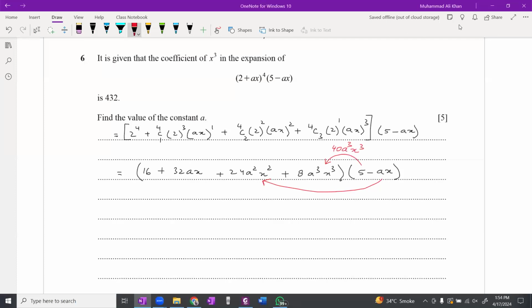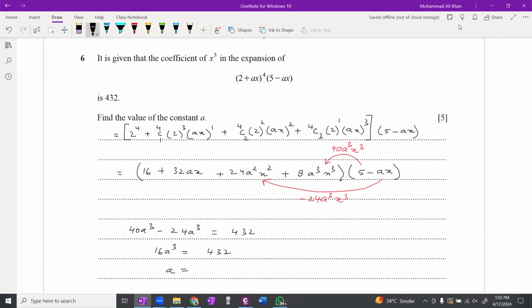And if this ax is multiplied by 24a square x square, we'll get minus 24a cube x cube. Now, after that, we need only the coefficients of x cube. So it will be 40a cube minus 24a cube. The coefficient is equal to 432. So it will be 16a cube equals to 432.